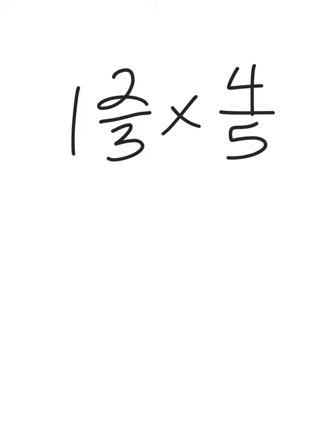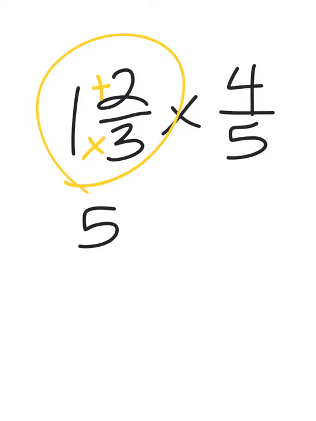So we can't make 4/5 a mixed number. That won't give us a whole number. So we've got to change this one into an improper fraction first. So remember that we're going to use our method of multiplying the denominator by the whole number and then adding the numerator. So 3 times 1 is 3, plus 2 is 5, and our denominator is 3.